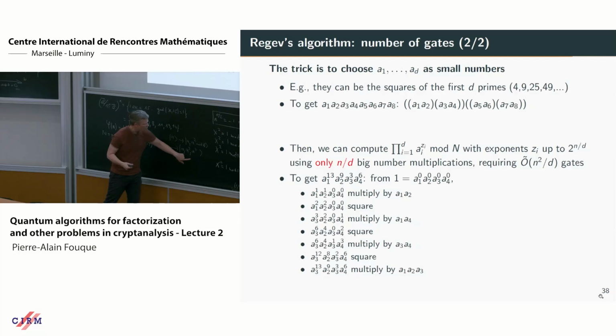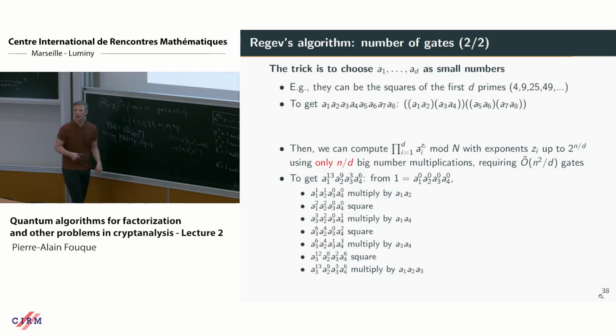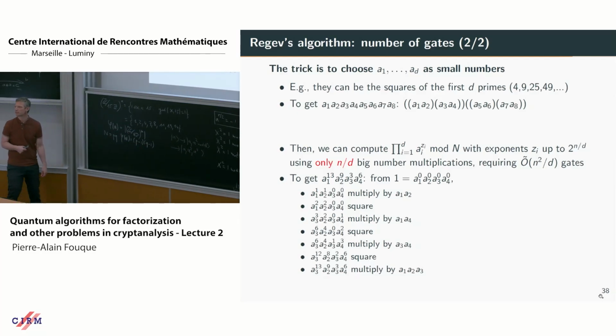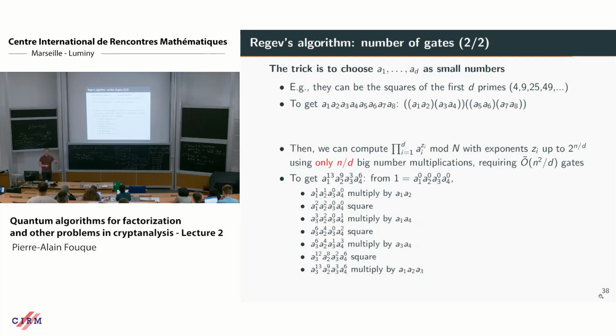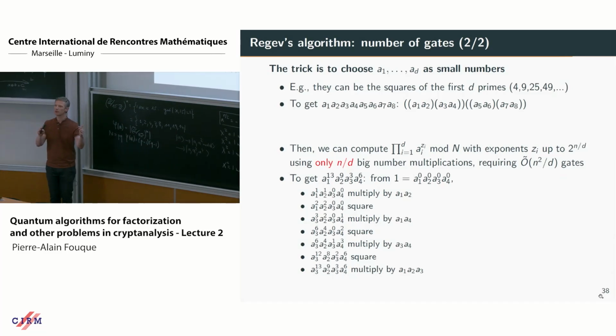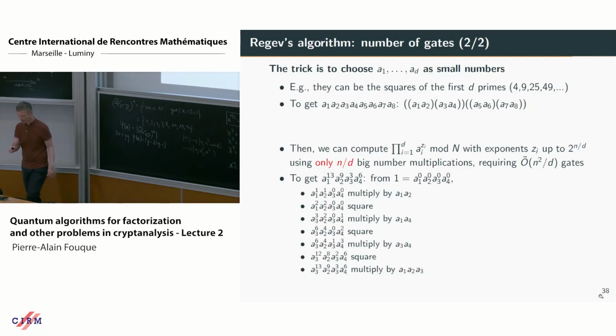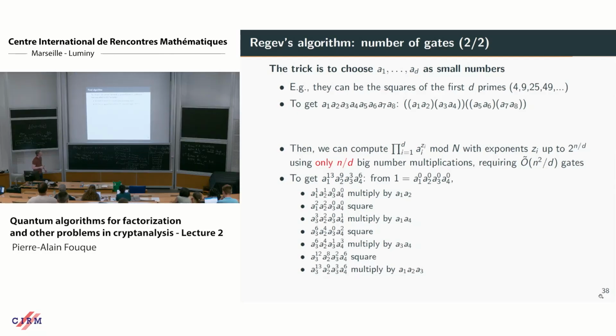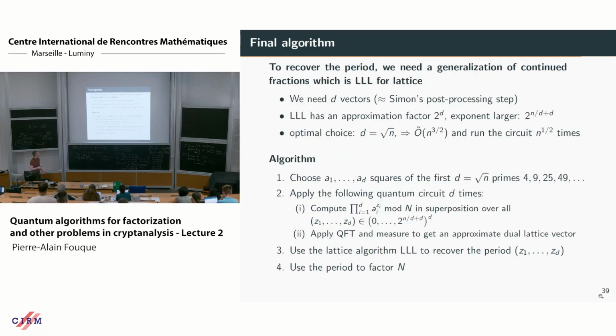And so the number of qubits that you need at the end is n to the power 3 over 2, n times square root of n. Because of the squaring, it's not a reversible operation, and you need to register all the squares that you compute. So this is Regev's algorithm, and it's why the number of qubits is large.